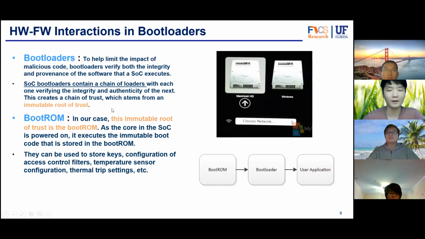As the core in the SoC is powered on, it executes the immutable boot code that is stored in the boot ROM. So as we can see, the bootloader's job is to bridge the gap between the boot ROM and the user applications.